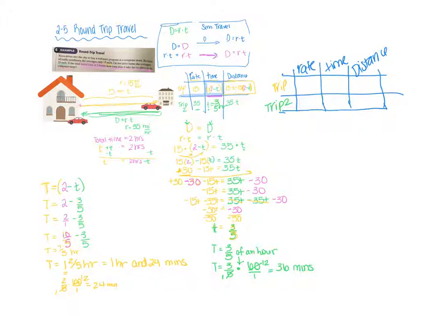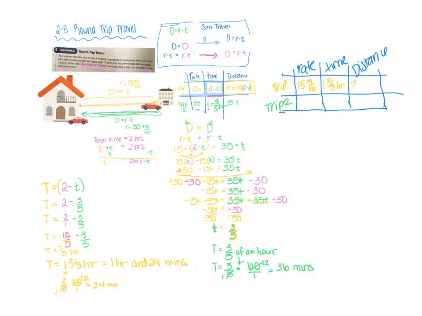Okay, so my rate for my first trip was 15 miles per hour, and the time that I did it in, I said was 1 2/5 hours, also known as an hour and 24 minutes. And my distance, well, I don't know what my distance is. I haven't found that yet.